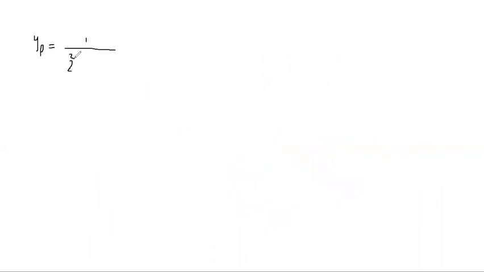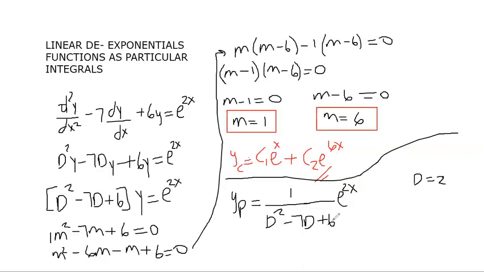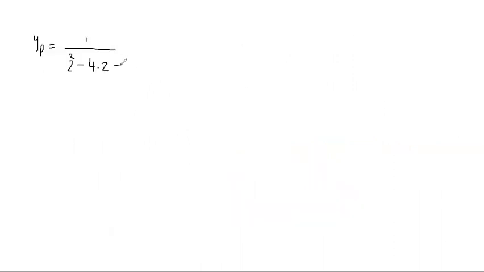It's 2 squared minus 7 multiplied by 2. And we're going to have plus 6 raised to the e to the 2x. Plus 6, and it's going to be raised to e to the 2x, multiplied by e to the 2x.